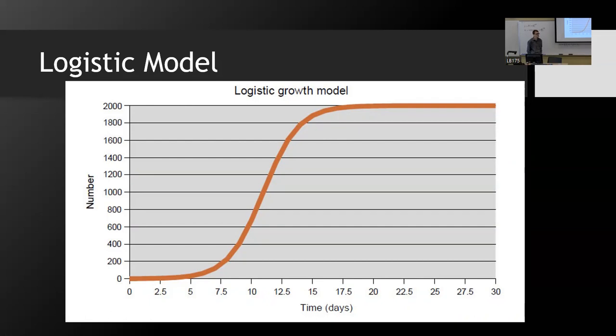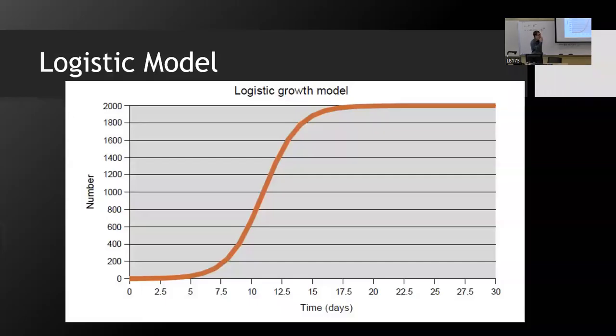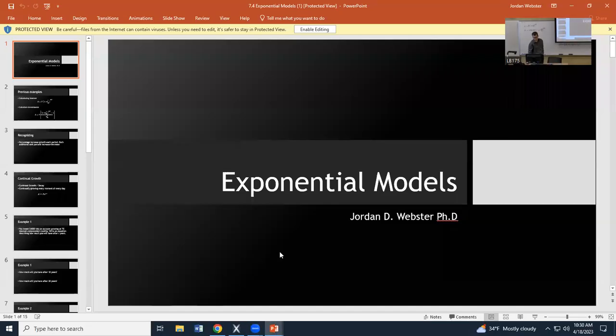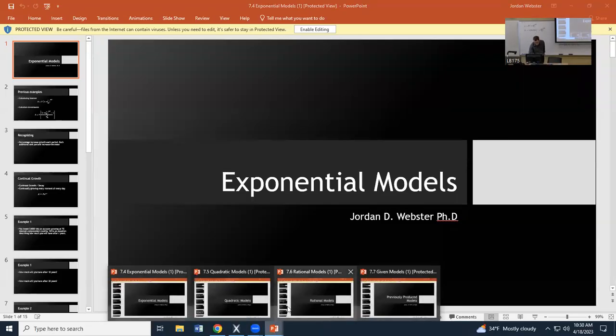You have two choices in your data and use logistic modeling there too, but I won't get into that. I just wanted to make you aware of that, because a lot of times people say, oh yeah, that's exponential at the beginning, and then it levels off towards the end. So I just want you to be aware that there are these things called logistic models that look like exponential and then level off. Is that right?